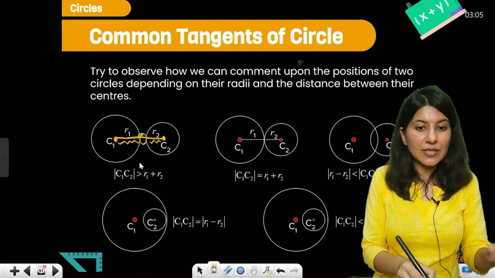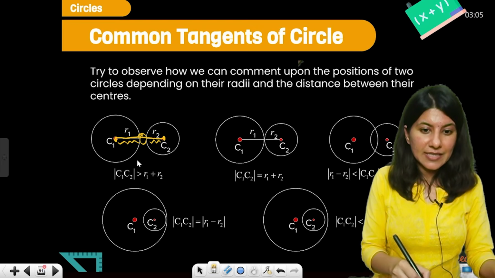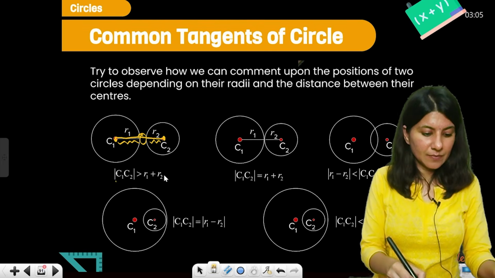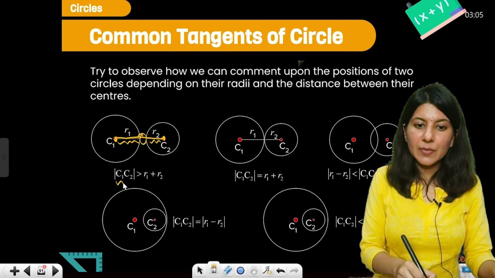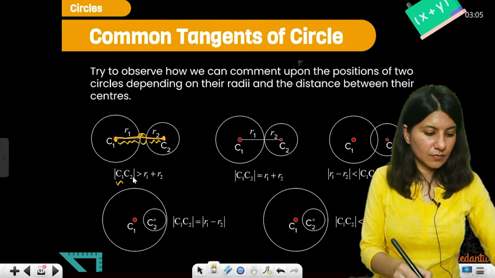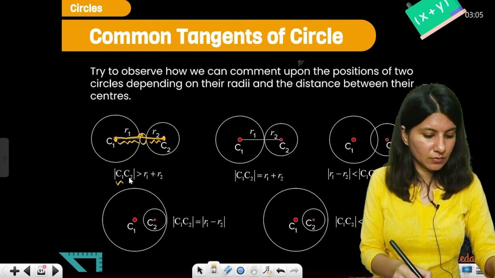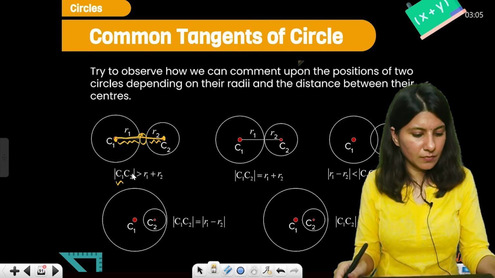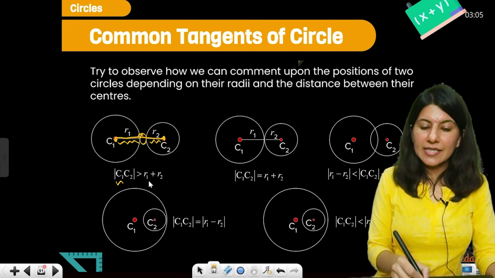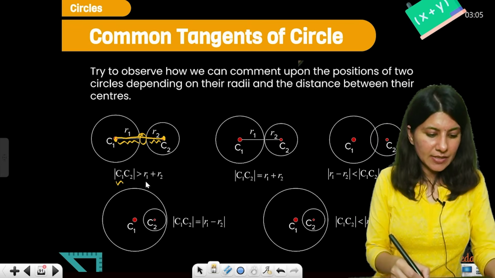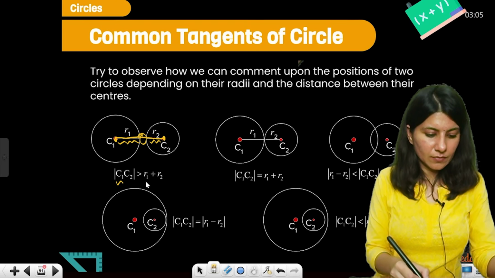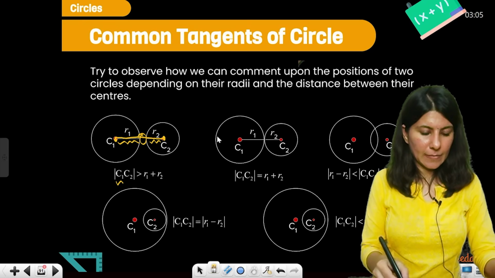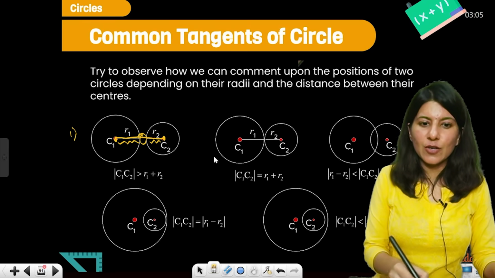So the distance between centers is greater than R1 plus R2. Okay, first case. I hope that this is clear.